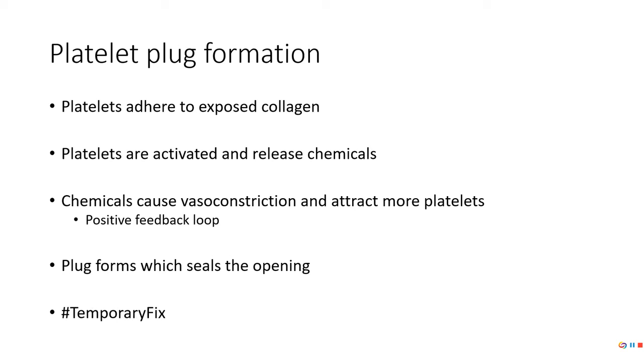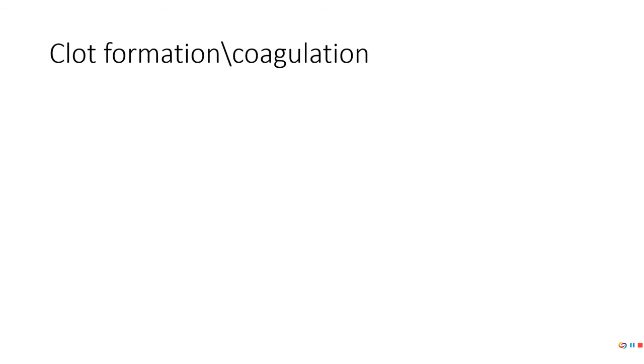This is kind of like if you've got a hole in a pipe and you put your finger in it to stop it. That'll help for a little while, but it's definitely not something that you're going to want to do long term. And so what we need to do is form a clot, or go through the process of coagulation. So in your blood vessels, you have fibrinogen, and this fibrinogen is ultimately converted into fibrin.